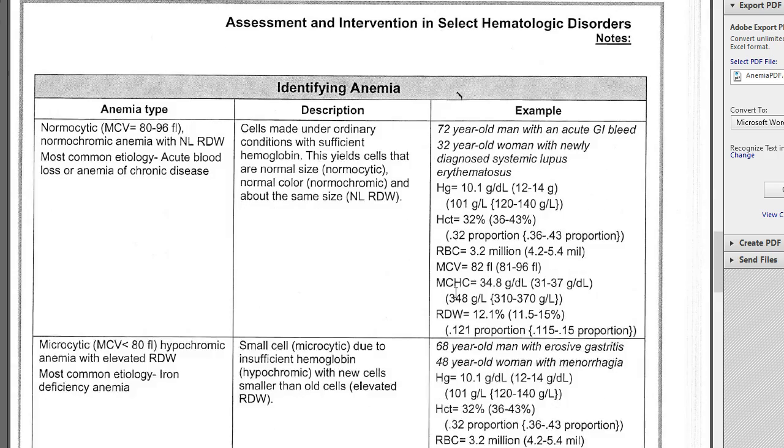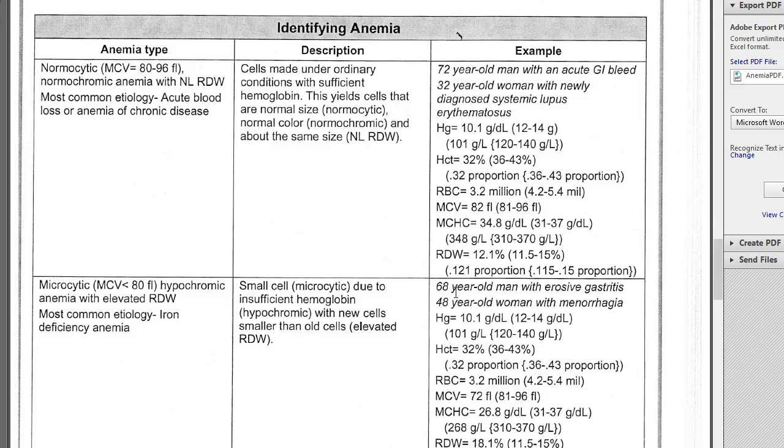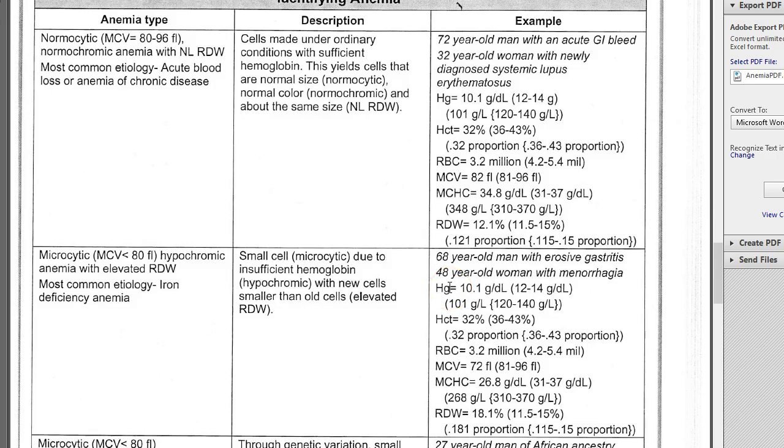So let's talk about the different types of anemia. We'll start off with probably one of the most common anemias that you will see in practice. It's also the most common anemia worldwide, and that's going to be iron deficiency anemia.